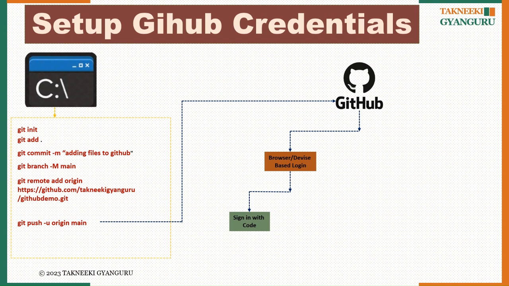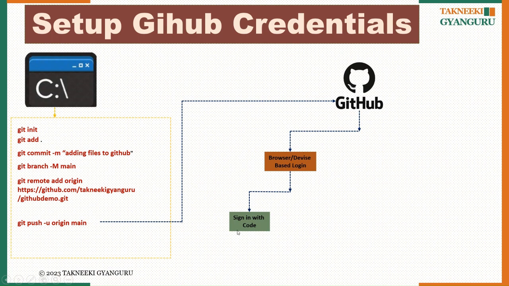Then you have to log in to your browser, and once you log in, you have to copy this code and put it into the other browser where you have already logged in, right? Once it is done, it will automatically log in, and it will push your code from here to GitHub as soon as you complete your authentication.